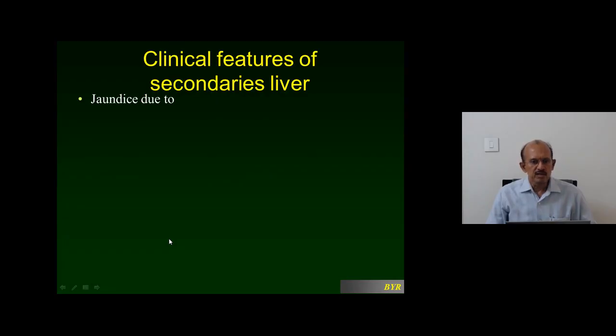There may be associated jaundice. So this is one of the frequently given cases in the examination. Secondary liver with jaundice. Then a common question you get from the examiner is what is the cause for jaundice in secondary liver? Can you tell me why jaundice occurs in secondary liver?